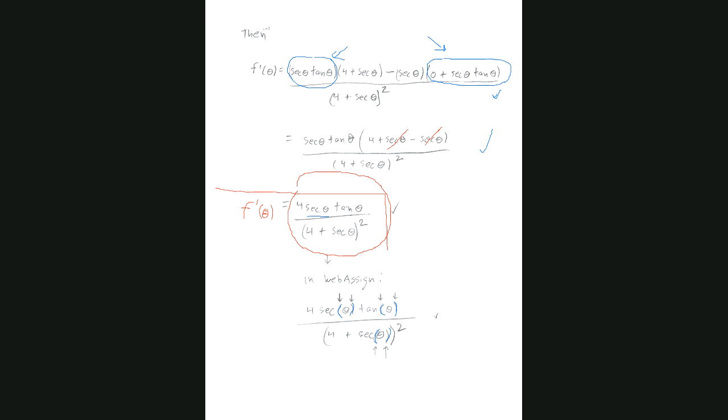You could try doing it without the parentheses, but WebAssign might complain. I do recommend getting used to that, because I have seen in the past a student get an answer wrong because they didn't put parentheses around their angle.